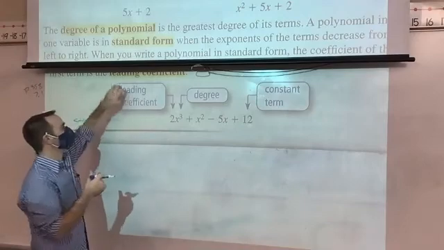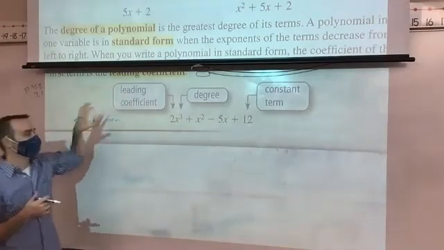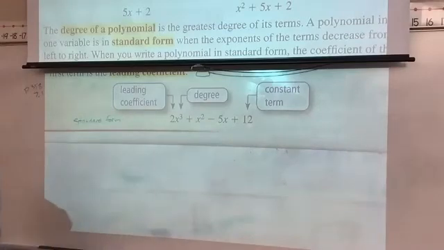What's considered the leading coefficient? The leading coefficient is, when you're in standard form, the very first one. Okay, so leading coefficient is in standard form, the very first number. The very first coefficient when it's in standard form. But it has to be in standard form first. It's not just whatever term is listed in your problem.